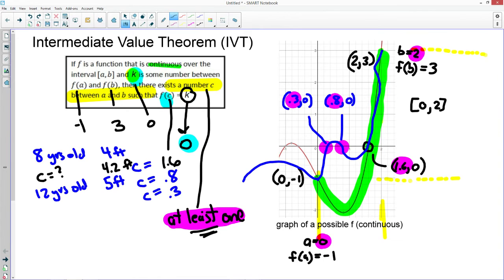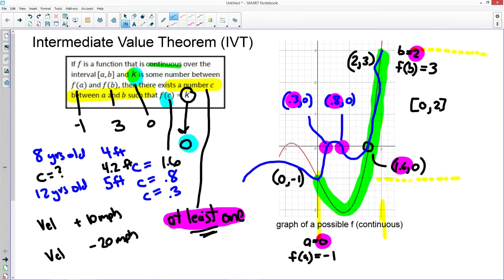All right, and a more pertinent example would be velocity. Remember, velocity includes direction. So if your velocity is positive, let's say it's going north at positive 10 miles an hour, and then later on your velocity is negative 20 miles per hour, which means you're going south at 20 miles per hour, somewhere in between these two you must have stopped.